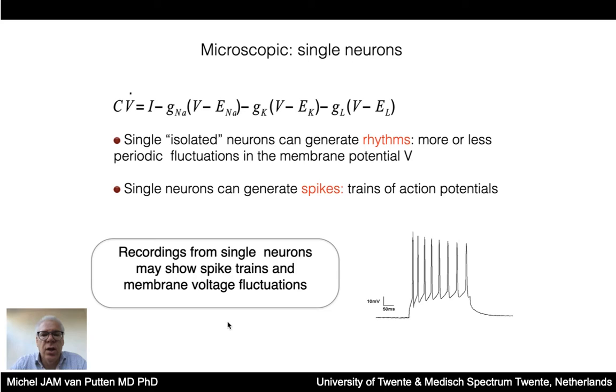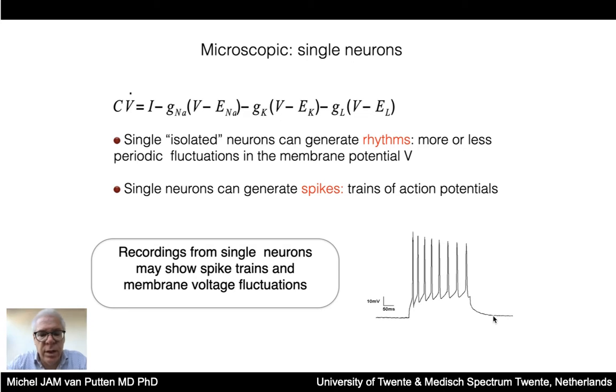Here in this case, the rhythms are essentially the regular appearance of spikes, which is a train of action potentials. At the same time, the neurons may also show membrane voltage fluctuations in a low frequency range. It's to some extent illustrated here. This is a membrane fluctuation, and these are the spikes, and this is much slower.